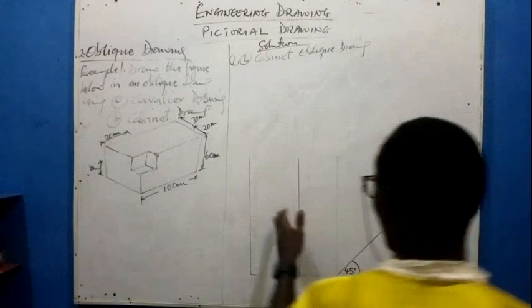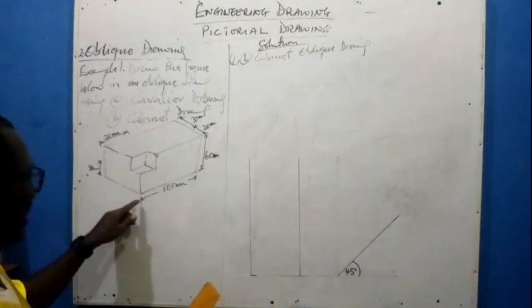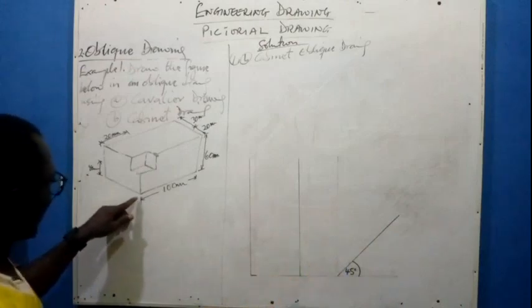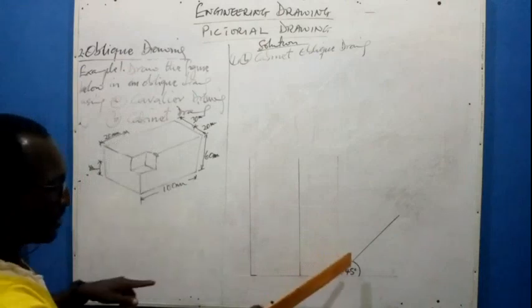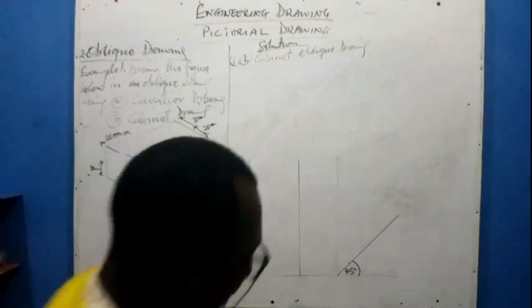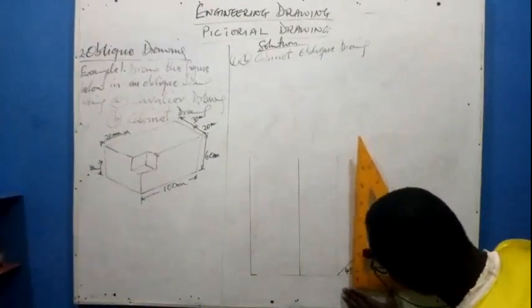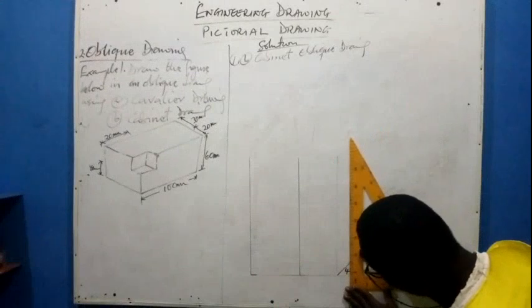See, after doing this, from here we can draw our vertical section of the halfway. I can use mine. Let me do this. Place it on the reference.